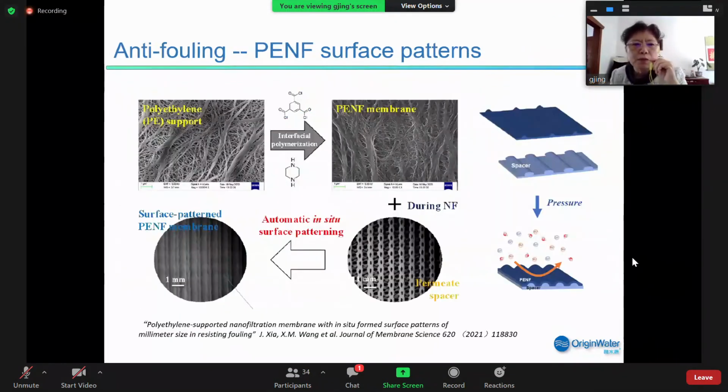Let me talk more about why the PENF element can minimize membrane fouling. It is because of the special pattern formed during the unit manufacturing process. That pattern is not hard to get. During that process, it automatically forms a surface pattern, and those patterns can minimize membrane fouling.